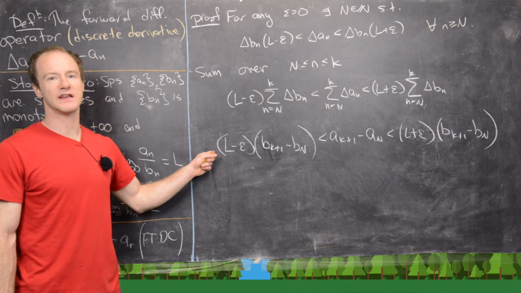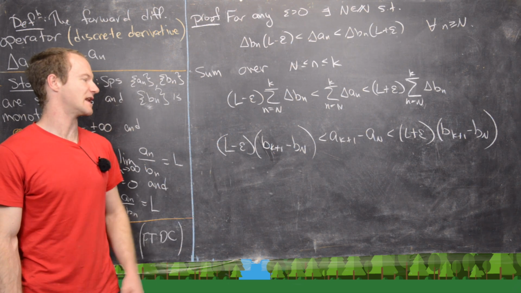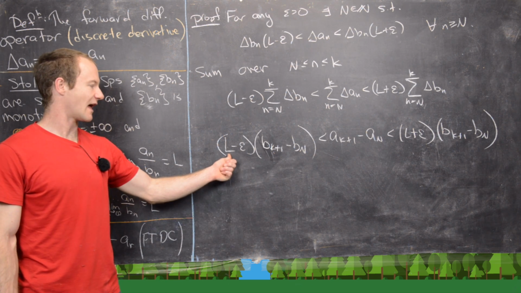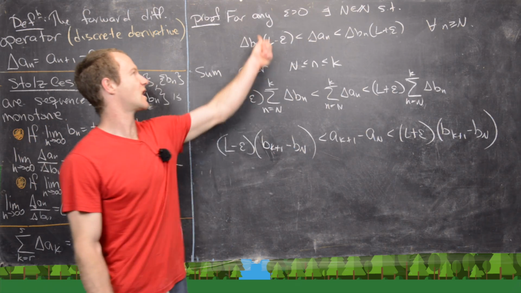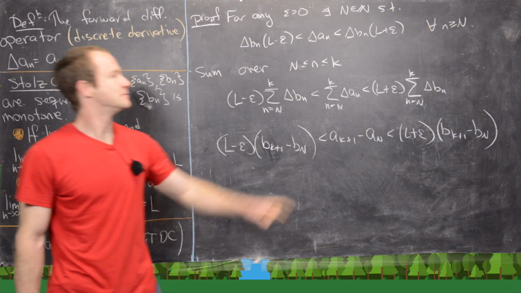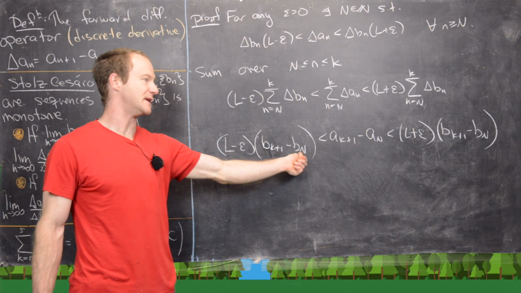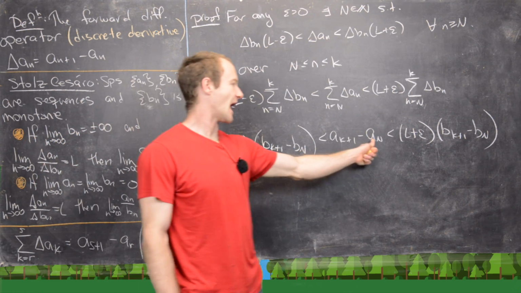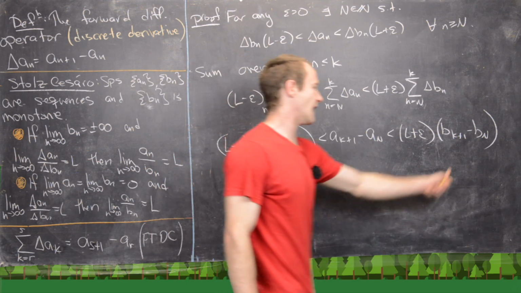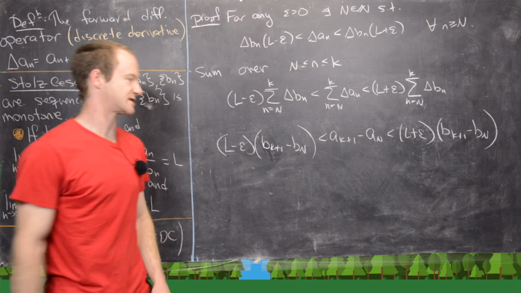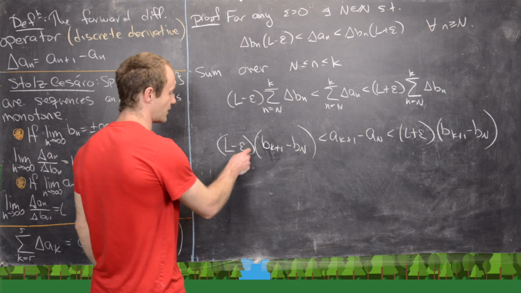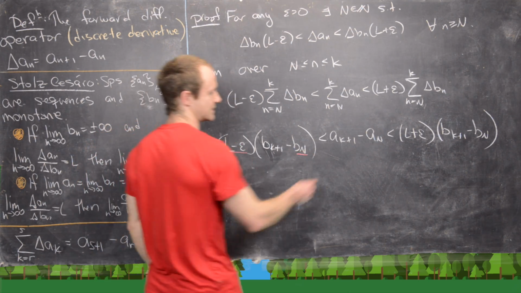Now we're going to look at this inequality and notice it's mostly made up of constants. Notice that L is a constant, epsilon is a constant that has been fixed above. Capital N is a constant which depends on epsilon. That makes B sub capital N a constant, A sub capital N a constant, and then this B sub N a constant as well. So let's go ahead and underline everything which is like a constant.